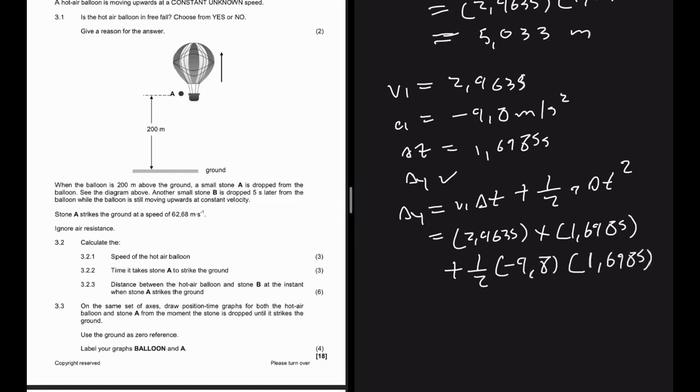Which is equal to, let me put that in my calculator real quick, 2.9635 multiplied by 1.6985 plus 1 over 2 multiplied by minus 9.8, multiplied by 1.6985 squared.